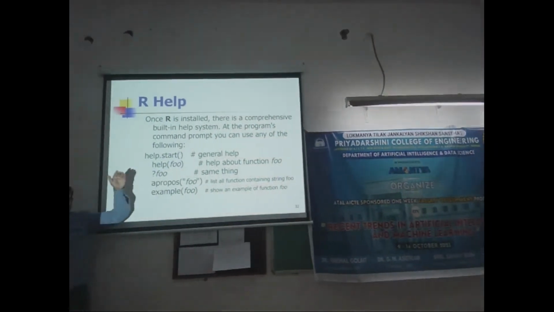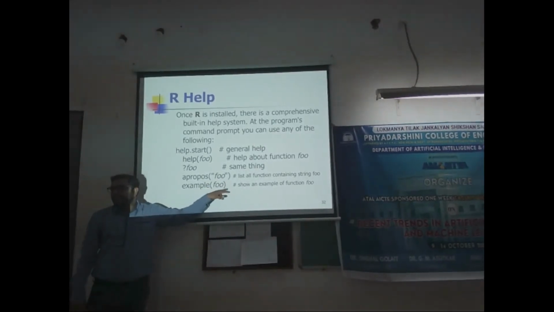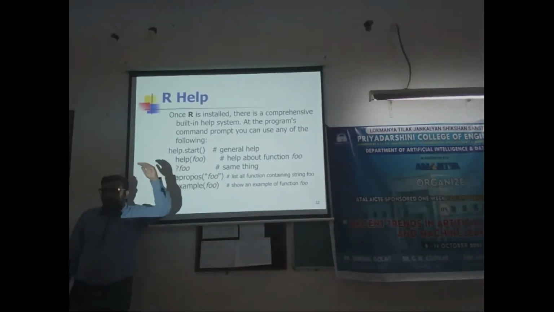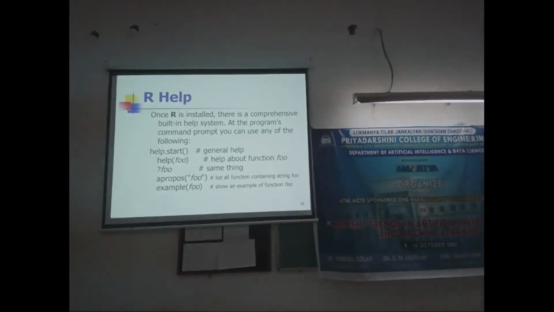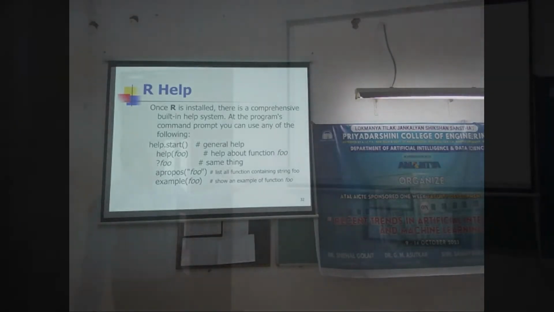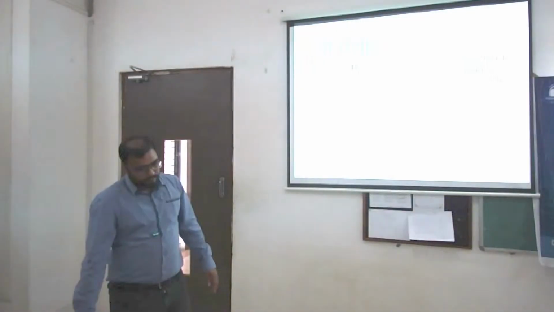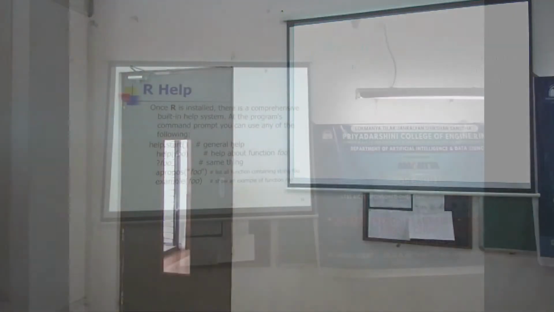In that case, you can write this command to list out all the functions which contain 2 inside that name, and you're going to get the whole list. Then you can understand what exactly is happening with that function, get the details about it, and start using it. Okay. You can try a foo function, it's fine.